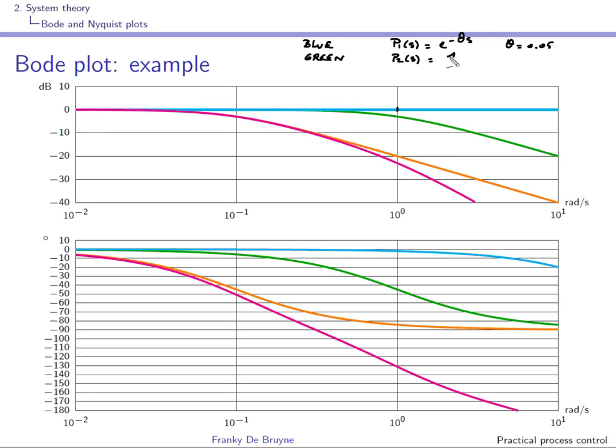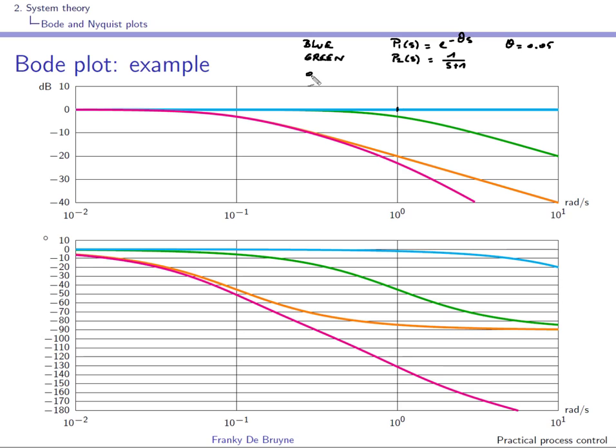So we'll have here 1 over s plus 1. You can see in the high frequencies the slope at minus 20 dB per decade, at the cutoff frequency an attenuation of minus 3 dB, and in the high frequencies a phase shift of around minus 90 degrees. Again, if this is a problem, we'll review this.